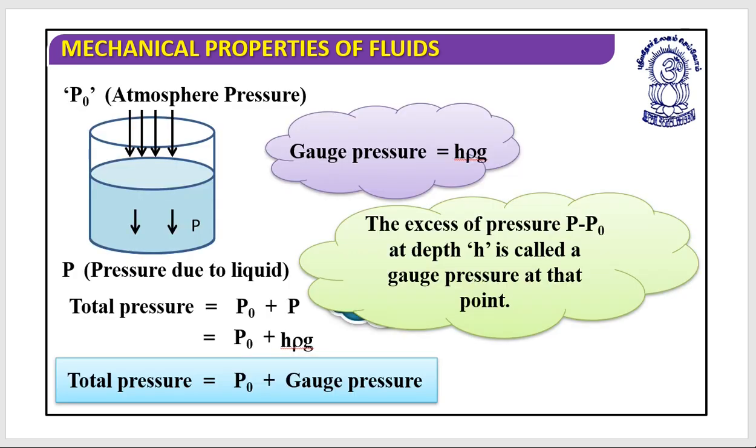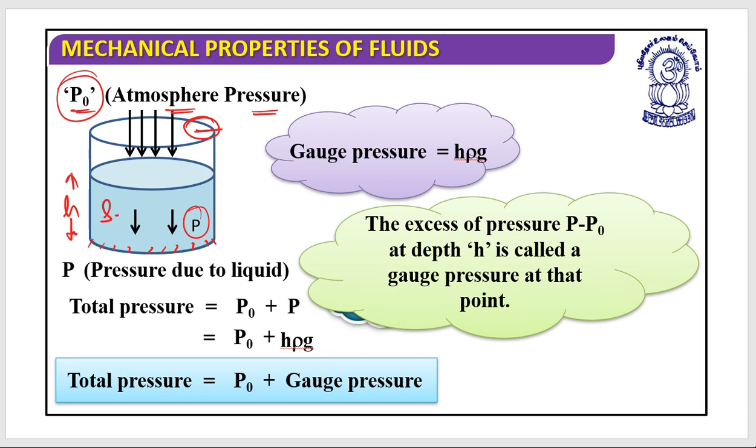Let's have a look. Suppose on this surface where air is there, this is the atmospheric pressure, and let's denote it as P naught. And in the container we have a certain fluid which has been filled up to height h, and let's call the density of this fluid rho.